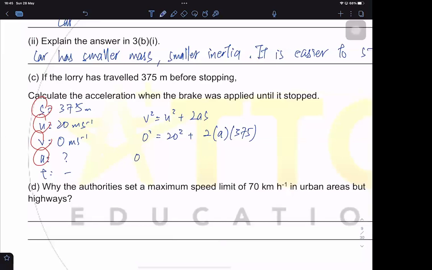And then 20 squared is 400. I bring it to this side, it becomes minus 400. Then 2 times A times 375. You can calculate. So this is 0 minus 400.